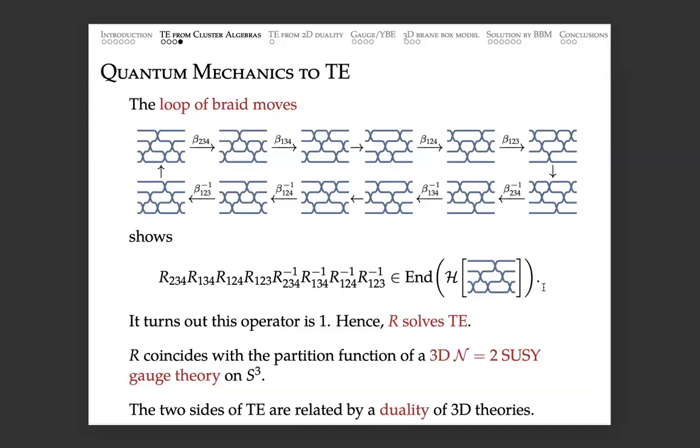Then you can calculate the matrix element of this R. This R is a unitary operator, like I said, in quantum mechanics, so you can just calculate the matrix element.